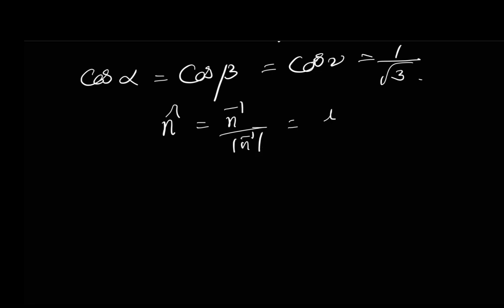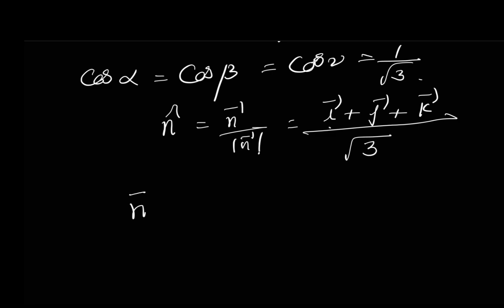What is vector n here? It is vector i plus vector j plus vector k, divided by modulus of vector n. Modulus of vector n is the root of 1 squared plus 1 squared plus 1 squared, which is root 3. So this is our unit vector.